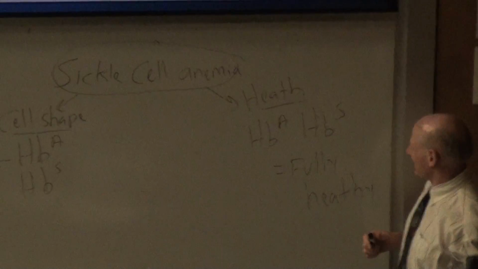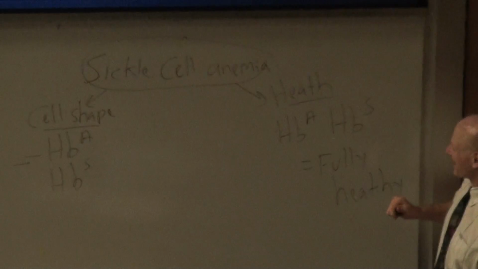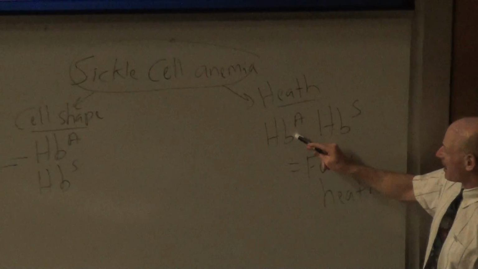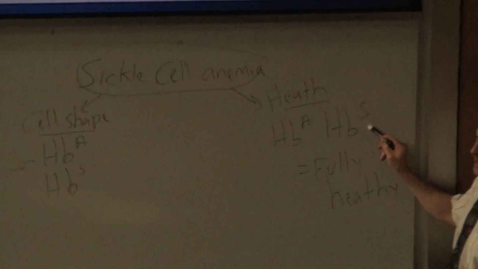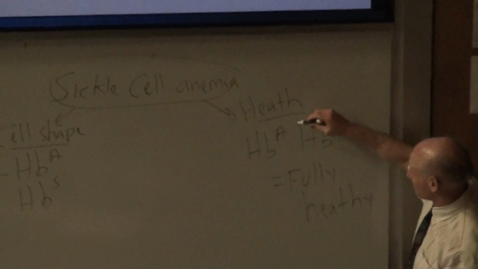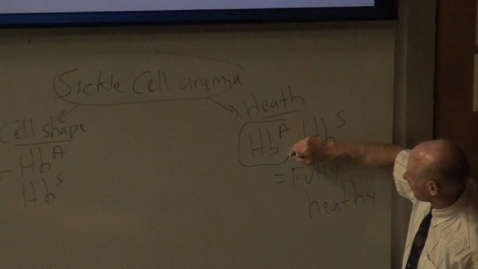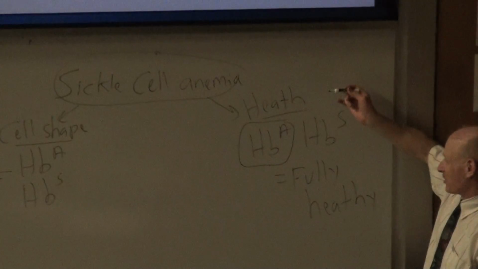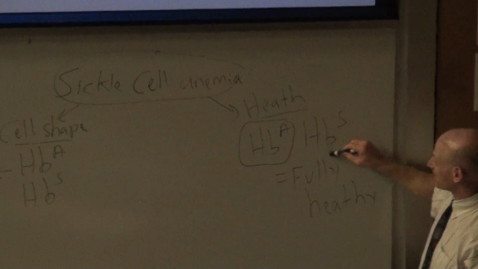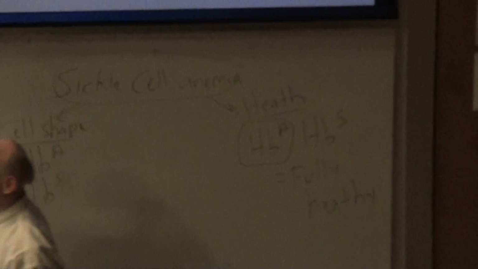So in that situation, if you focus in on the health, the HbA is dominant and the HbS is what? It's acting recessive, because here you're getting just the phenotype of the good allele, the health, which gives you healthy blood. You're getting none of the phenotype of the other allele for having anemia, having unhealthy blood that doesn't carry a lot of oxygen.